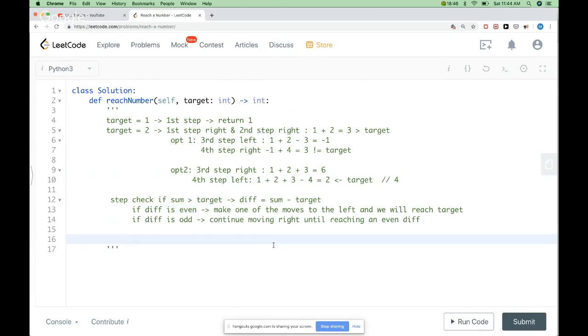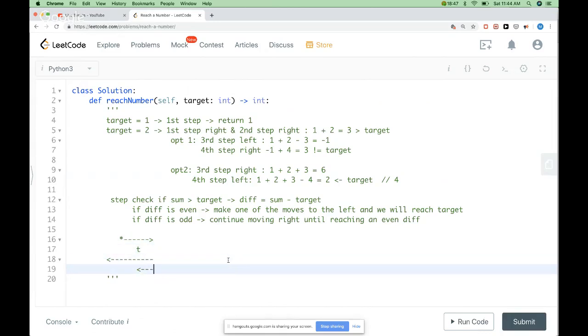Well, the thing is, if we are at this position, like here, and if we move to the right here and say target is here, so if the difference is even, then we could just go to the left here, and then go back, and reach target this way.